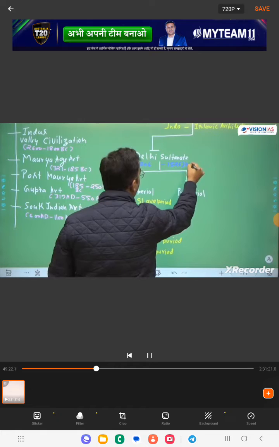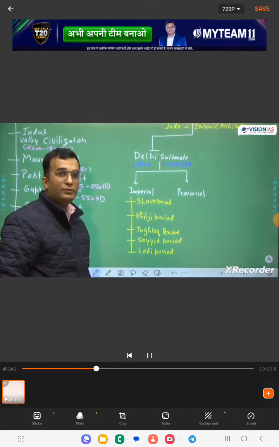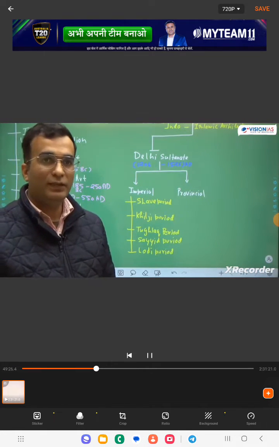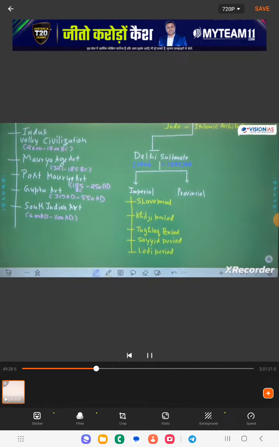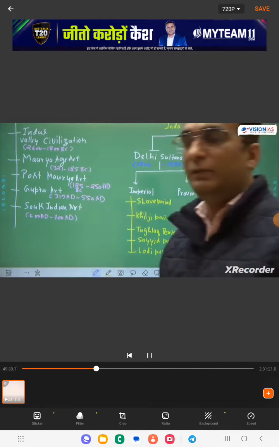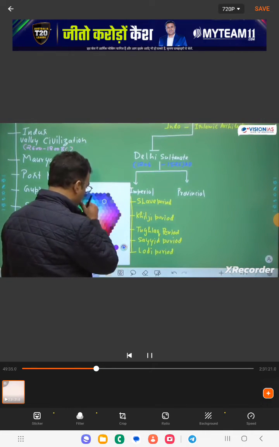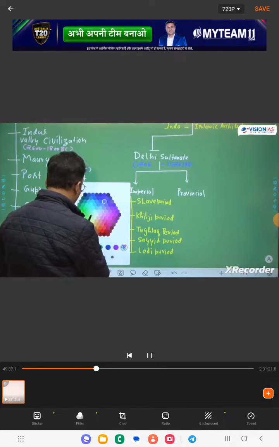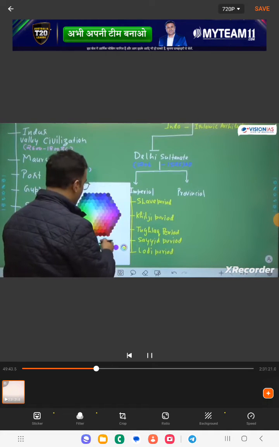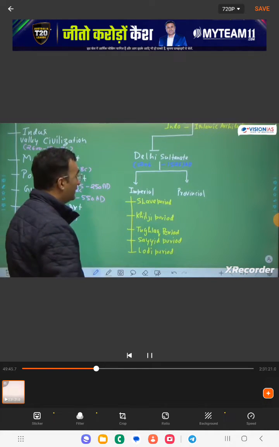Is it visible? Let me check. I think it is faintly visible, but if it is not visible, I can change the color. That's the one problem with this color screen. So let me check which would be visible. So white is the most visible one.